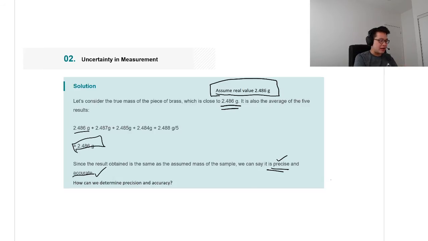If you paid attention, I only told you verbally how I tell if the measurement is precise or accurate. But there's a problem: how can we determine precision or accuracy?